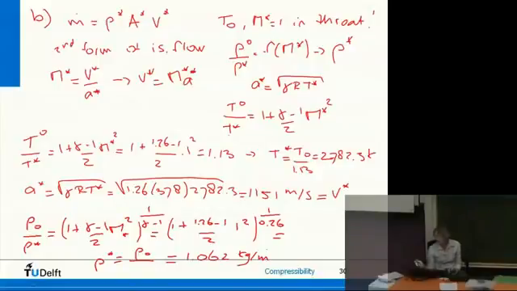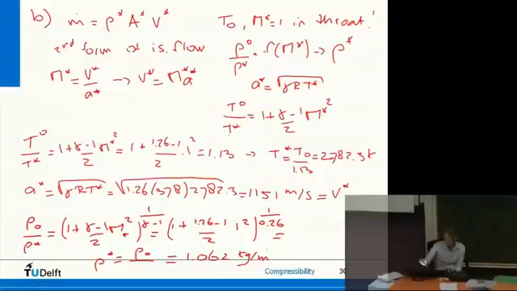Anyone with a calculator? 1.6? Okay. Perfect. 1.6. So the ratio of the total density over the density in the throat is 1.6, so we find the density in the throat.